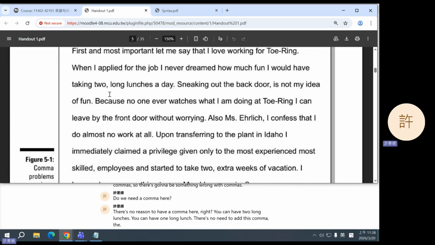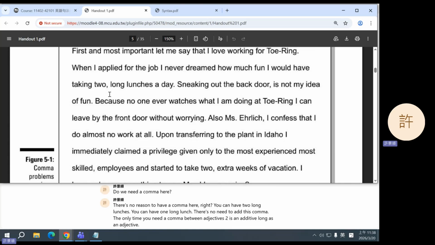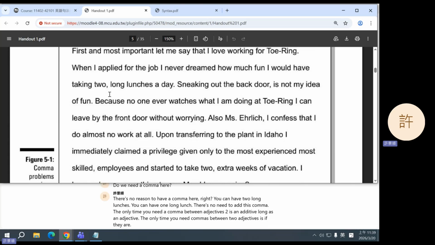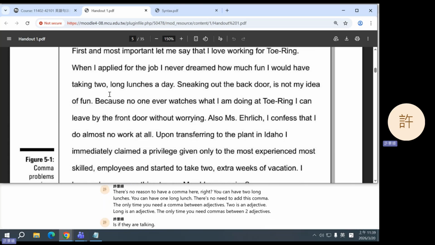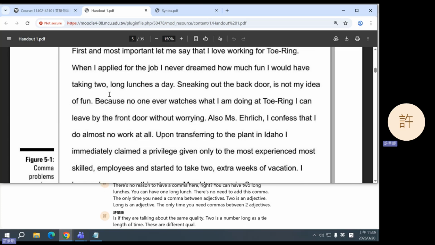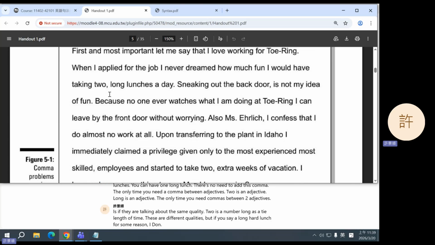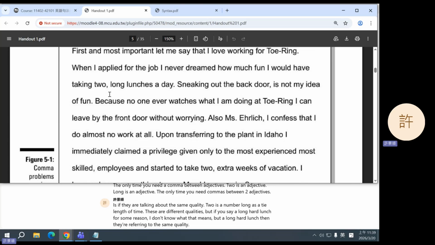The only time you need commas between two adjectives is if they are talking about the same quality. Two is a number, long is a length of time. These are different qualities. But if you say a long, hard lunch for some reason, I don't know what that means, but a long, hard lunch, then they're referring to the same quality. And you would need a comma, but not in this case.